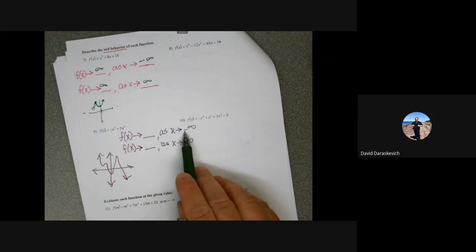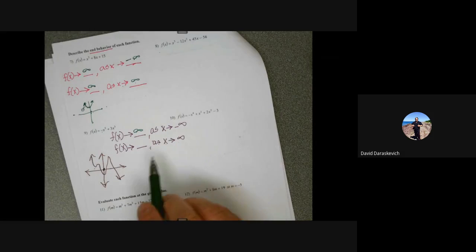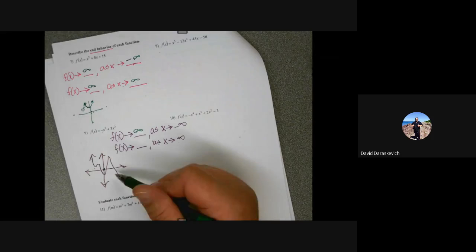Okay, so as x goes to the left or negative infinity, my y is going to positive infinity. And as my x goes to positive infinity, my y is going to negative infinity. Okay? Yeah, that gets a little tricky, but just gotta remember to look at the x value and see what's happening to your graph. Where's it ending up?